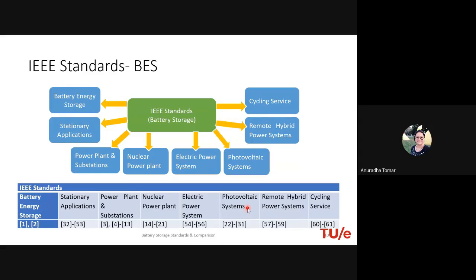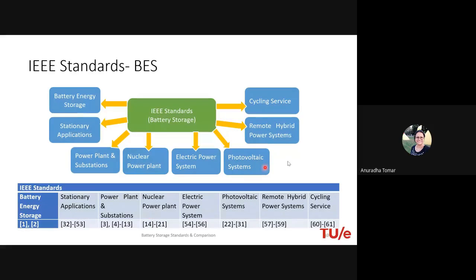So being an electrical engineer, we have a good number of IEEE standards related to battery energy storage, falling under different categories. This kind of categorization, you will see in the coming slides, is not available with other standards. So this is a plus point for IEEE standards.